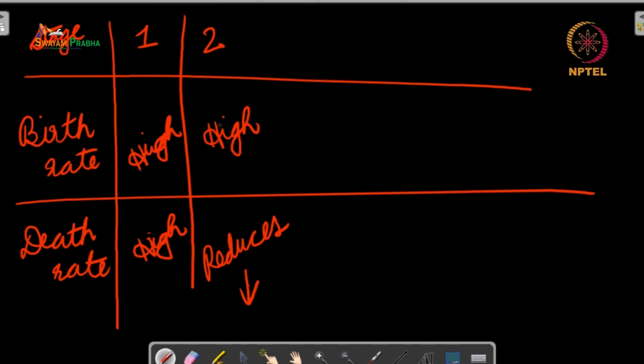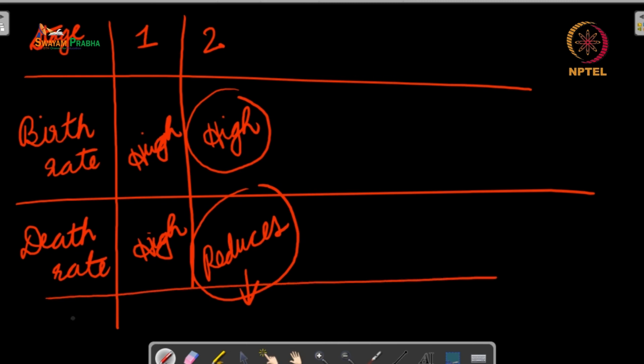Now if you have a society with a high birth rate and a low death rate, it would mean that, so if we write the growth rate, in the first case it is roughly equal to 0, because the high births are compensated by the high deaths.